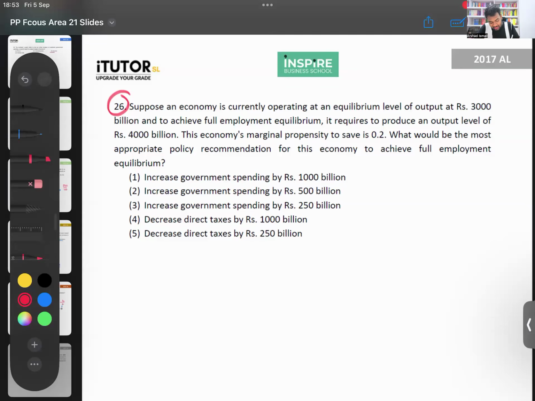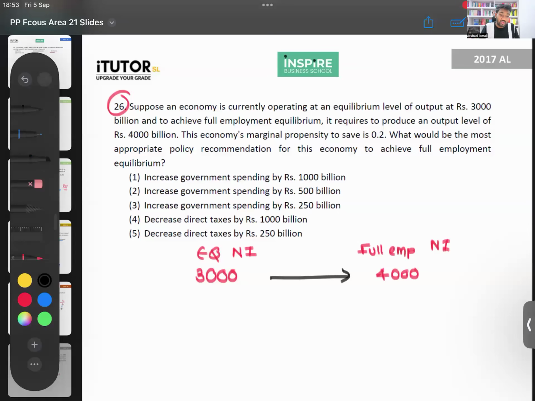They are saying that my current equilibrium is 3,000, so that is your current equilibrium level of national income. Your full employment level of national income is 4,000. For you to go from 3,000 to 4,000, what should you do?